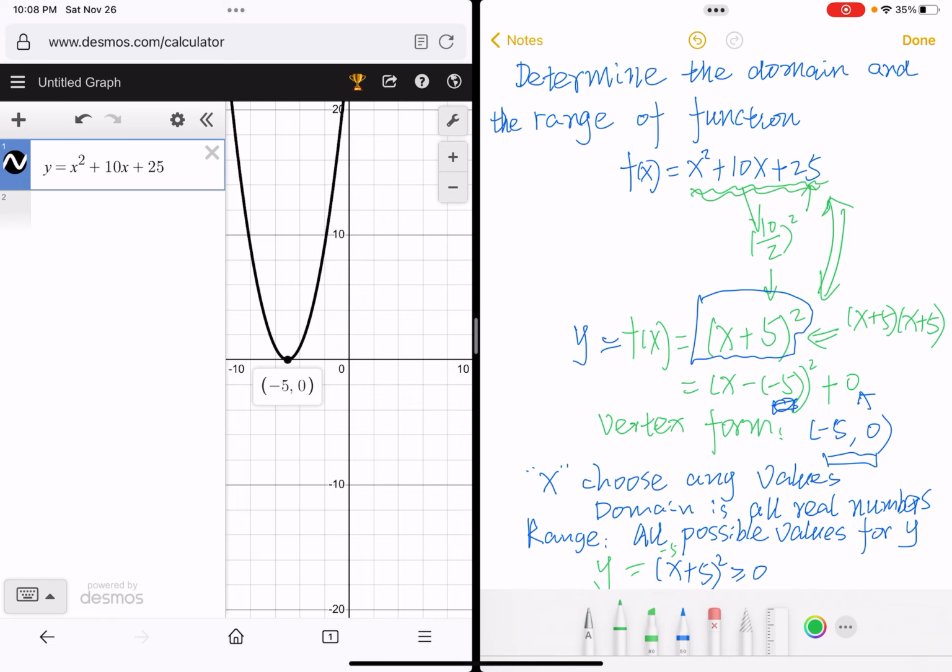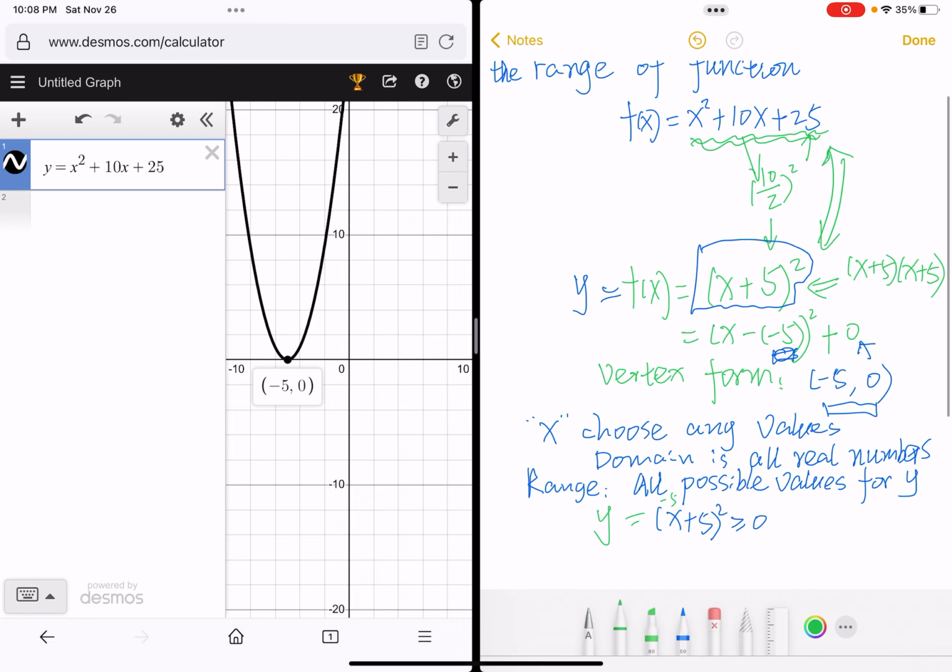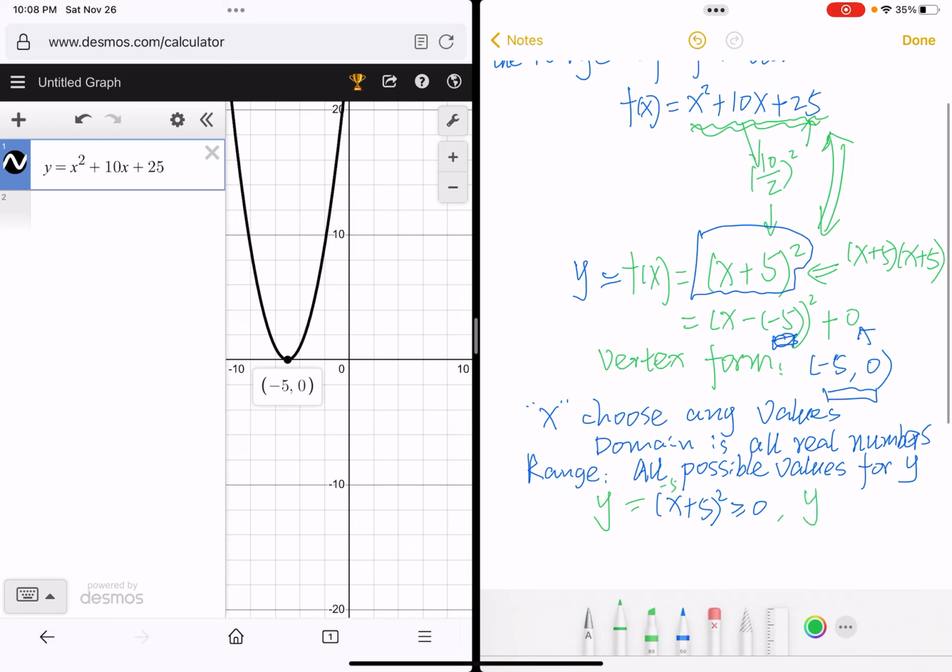So that's, again, basically this point right here. So then, what is the range? The range is written clearly as y greater than or equal to 0. Okay, that will be the range.